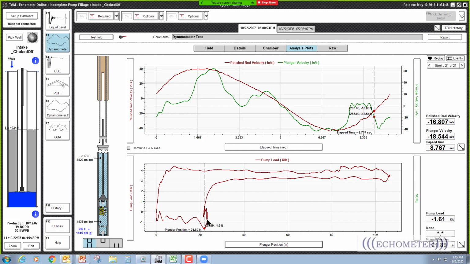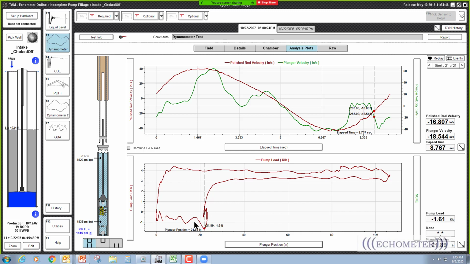So in the past, Jim Lee and I have argued a lot about why you call a fluid pound card a pound, because it's not really pounding the fluid, because you don't see this negative load. And so when we were arguing about it, I said, well, I'm going to find some pump cards that show negative load. And the only pump cards I could find that show negative load were blocked intake cards.